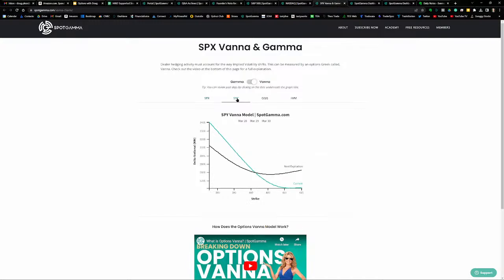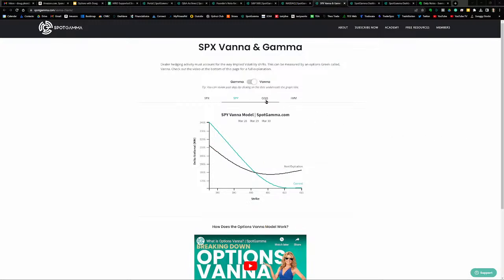Let's take a look at SPY, and just the opposite again. Remember that SPY gamma notional was still negative, indicating market makers' delta exposure will increase as price decreases, and they have to sell futures to hedge their delta exposure as price drops.